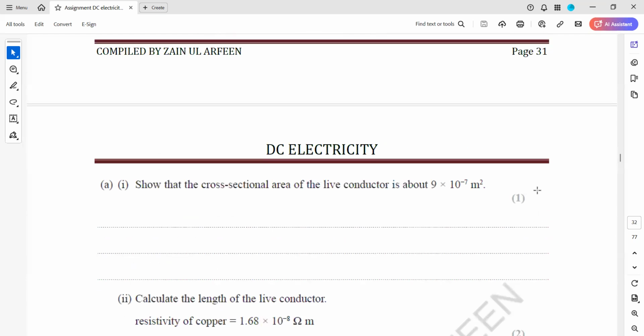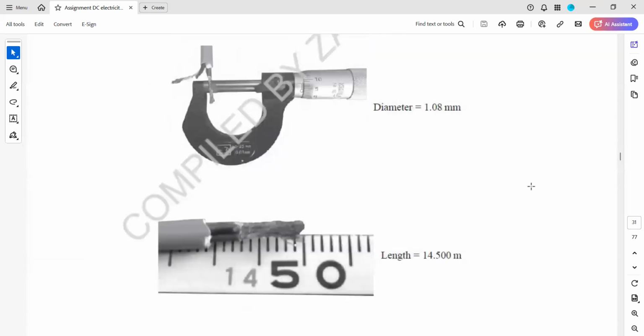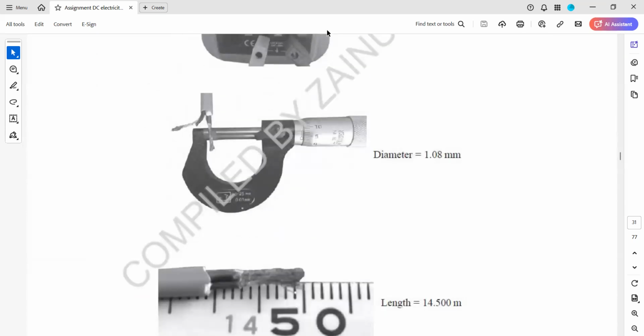Show that the cross-sectional area of a live conductor is about 9 times 10 to the power minus 7. How do we work out the cross-sectional area? The area of cross-section of the wire is pi r squared, or you can use pi d squared by 4. Both formulas are valid. Either you convert the diameter into radius and then substitute, or directly use pi d squared by 4. So the cross-sectional area will be pi, where the value of pi is 3.14, and d is the diameter.